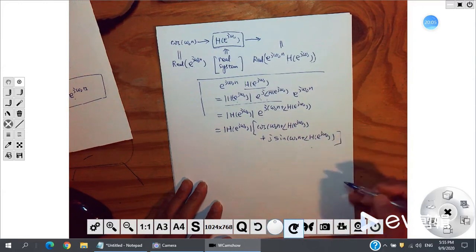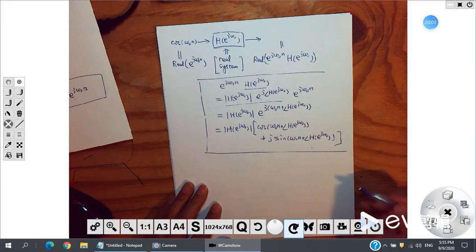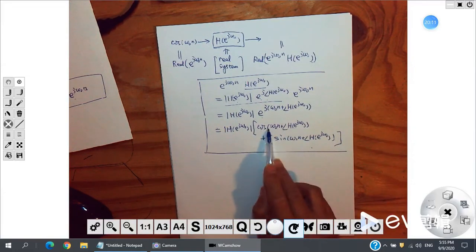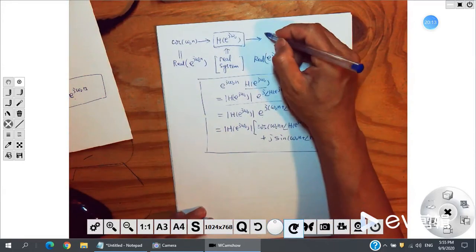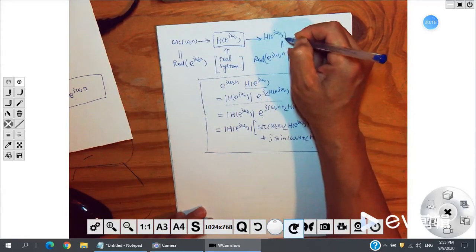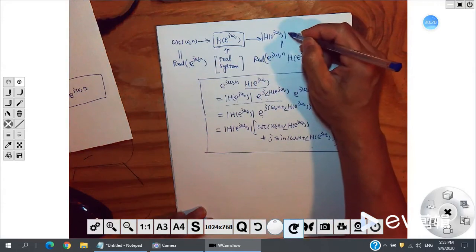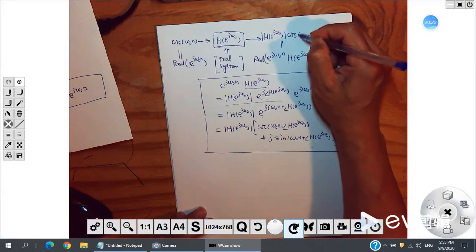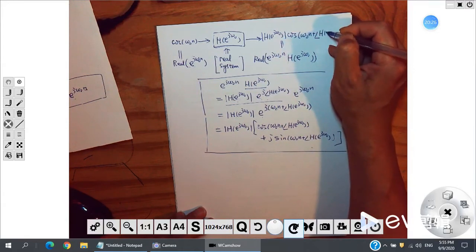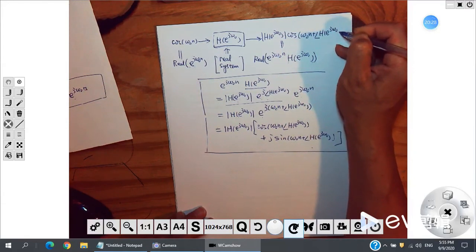Alright, so we have this. Then what is the real part? You see, this cosine is the real part, right? So the real part is the magnitude of H of e to the j omega 0 times cosine of omega 0 n plus the angle of H of e to the j omega 0.